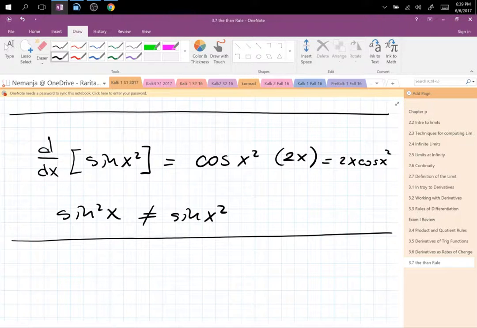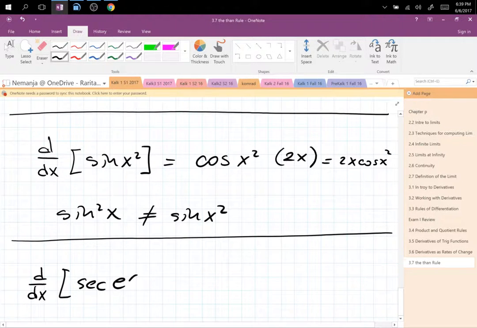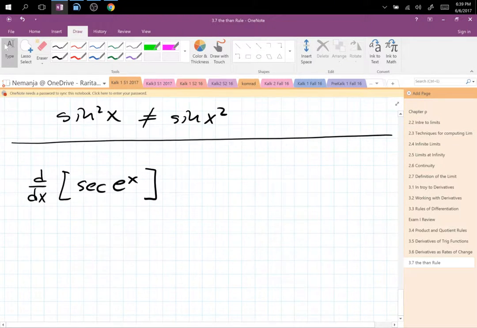Wonderful example. Secant e to the x. It's a textbook example. Beautiful. Absolutely beautiful.